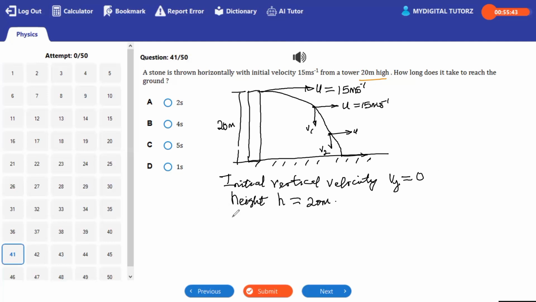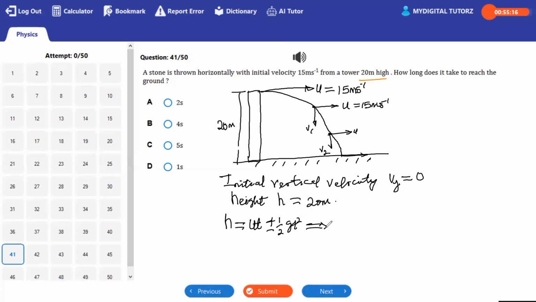We have three formulas that we use in solving this type of question, motion under gravity. So we have h is equal to u t plus or minus half g t squared. So are we going to use plus or minus? We're going to use plus because the body is falling. If the body is thrown upward, we use negative.